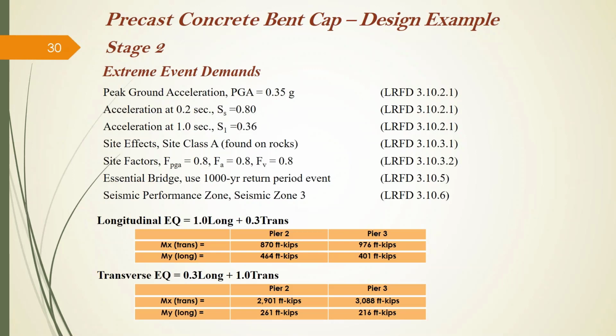Then we'll do the RSA analysis in 2 orthogonal directions, and we'll combine them per AASHTO load combinations, which most of us are familiar with: 1 times the longitudinal direction plus 0.3 times transverse, and the other load combination is 0.3 times longitudinal plus 1 times transverse direction. Then we'll make those load combinations, and we'll find the governing flexural demand. Next slide, please.